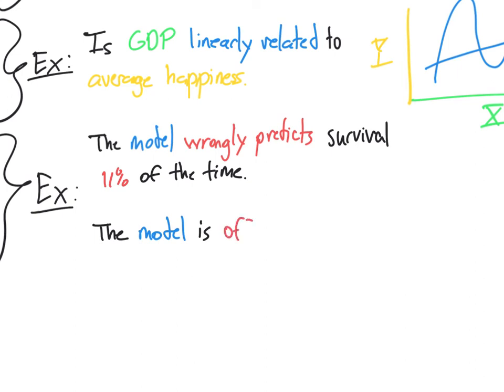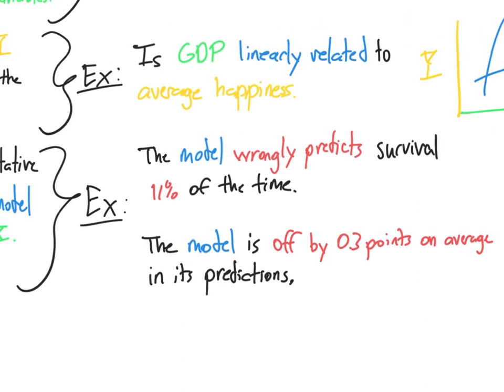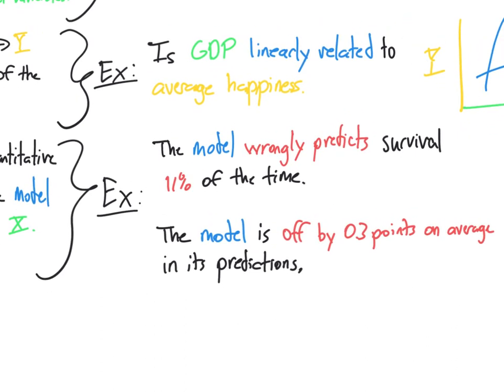Let's say the model is off by 0.3 points on average, on some scale that we would have to specify, in its predictions. So these are both instances of loss functions. These tell us how good or not good a specific model is.